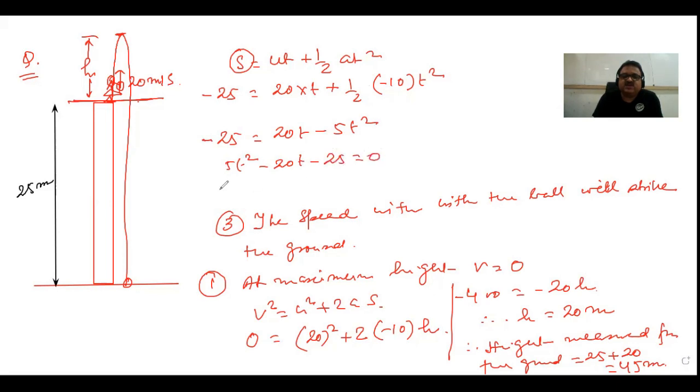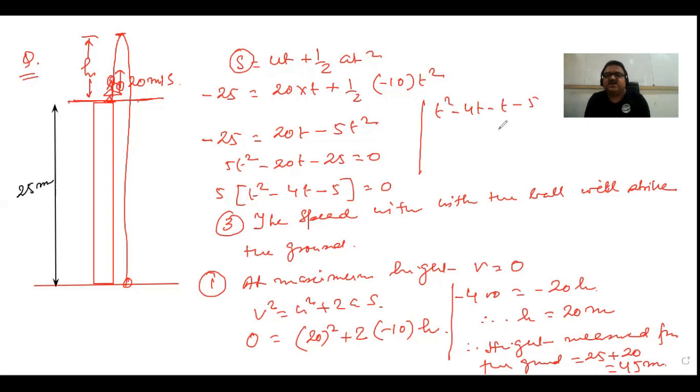So if I write it like this, minus 5t square, take it this side, minus 20t minus 25 equal to 0. Take 5 common, t square minus 4t minus 5 is equal to 0. Sorry, t square minus 5t plus t minus 5 equal to 0.